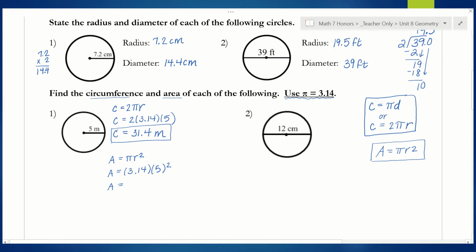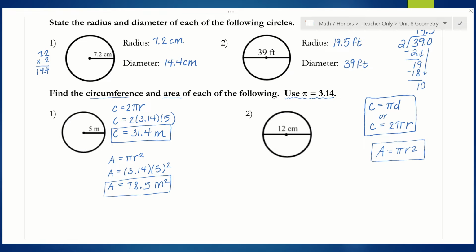Or you can always just do 5 times 5. So after you type that in, you should get 78.5. And since this is area, our label is meters squared. So remember, area is what basically covers the circle. So think of circumference as the distance around the circle, and area is what covers the circle.